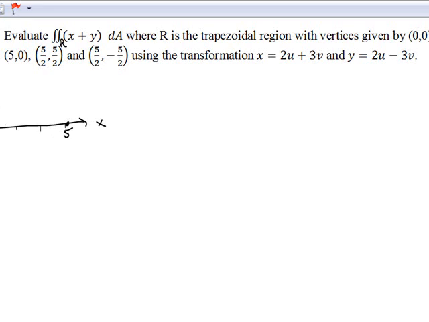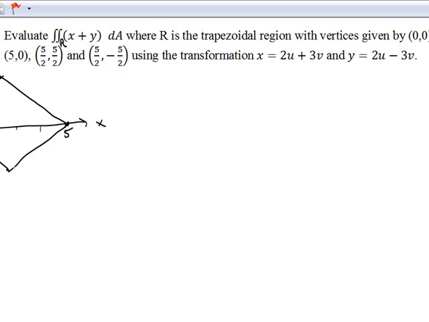We need 5 halves, 5 halves. And we need 5 halves, negative 5 halves.